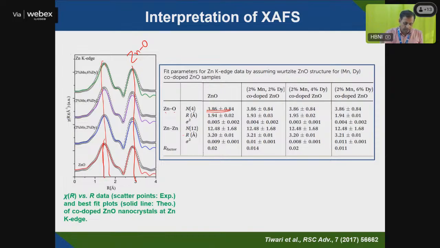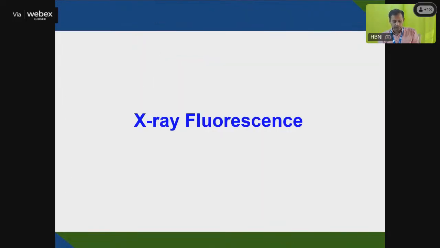The bond length is 1 point something, so here it is shifting to higher. Because of manganese doping, your c axis and a change, 1.94 to 95, or 3.86. Whatever the changes, they are quite low here, but you are able to see that bond information by using these EXAFS studies.